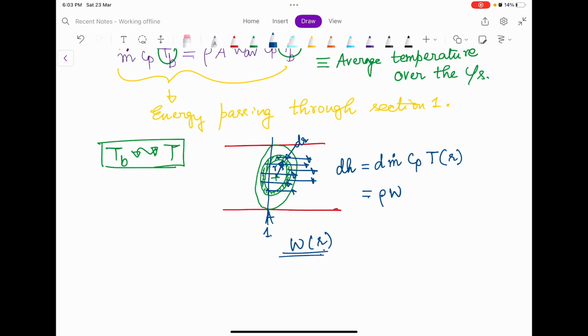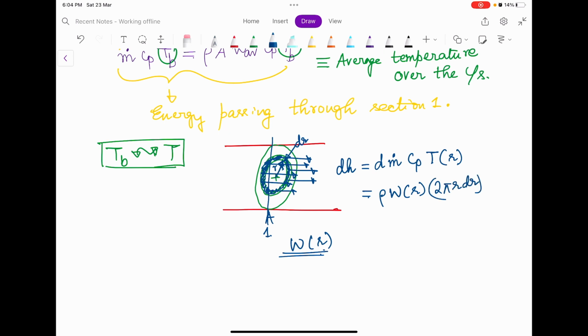So this W is the W at this distance r. So this is W of r, rho into velocity into area. Now what is this area? The area of this elemental strip is 2 pi r into dr.